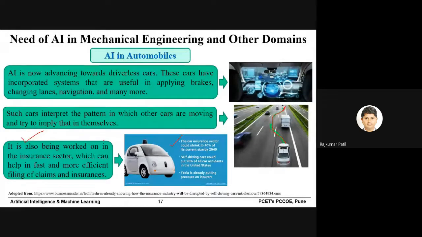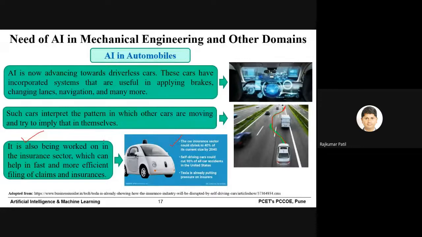Whenever you break a traffic signal or violate the rules, and there are cameras at every signal and at different places of the road, they are continuously monitoring you. When you pass that signal, the camera will catch your photo, and from the number plate it will come to know who is the driver and who is the owner of that car.